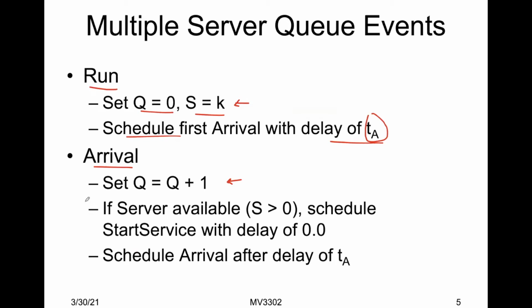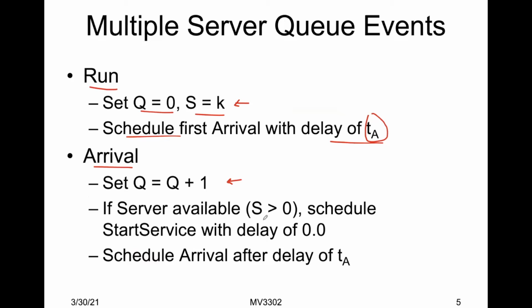Now, in terms of scheduling, we're going to say, all right, they've gone into the queue, but they could go into service immediately. So if a server is available, then we're going to schedule to start service with a delay of 0. Think of what would happen if you show up to the bank. Typically they have these little velvet ropes that create a single queue, a single line.